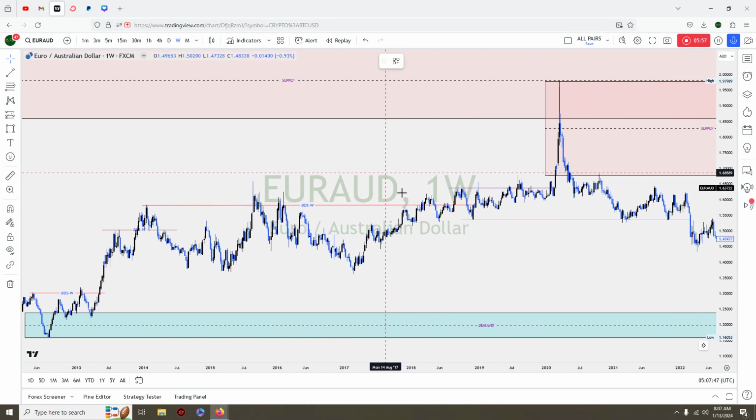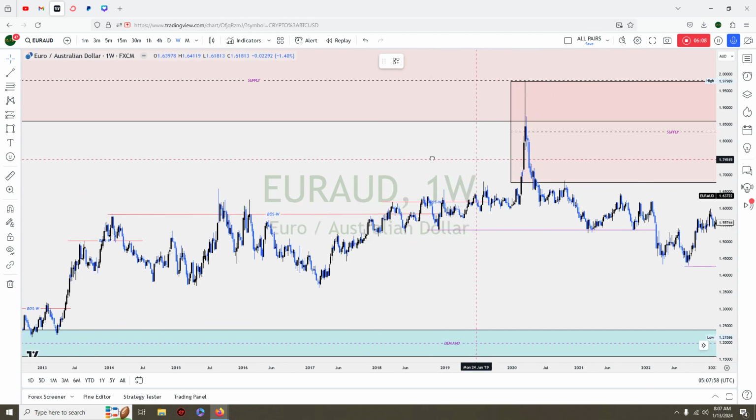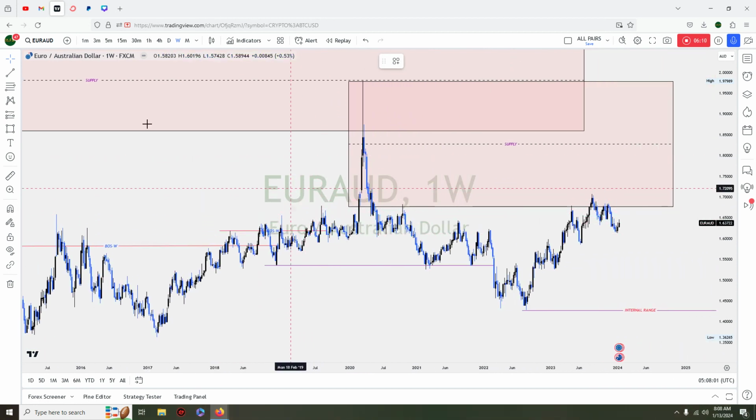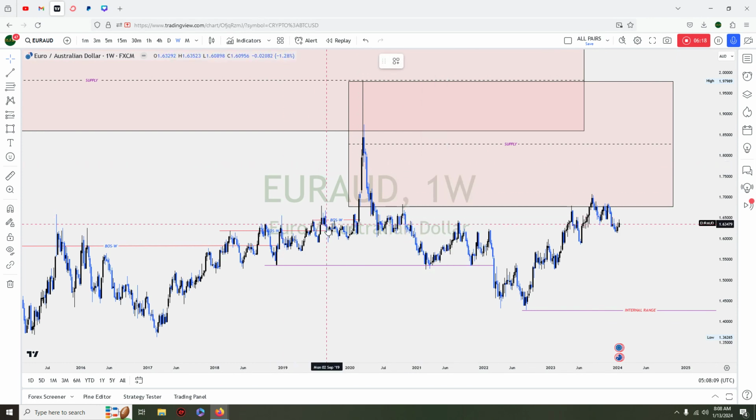The aim is to just refine the work that you've just done. And then we have this one here, break on the weekly, and then we have now the final high that was formed here, break on the weekly. So this now becomes the low that formed that high.